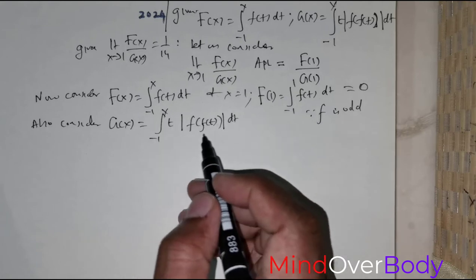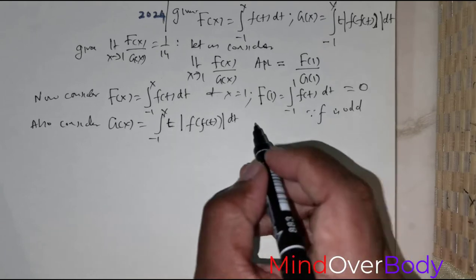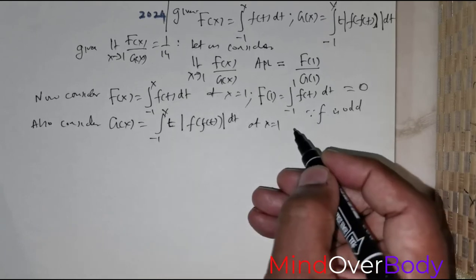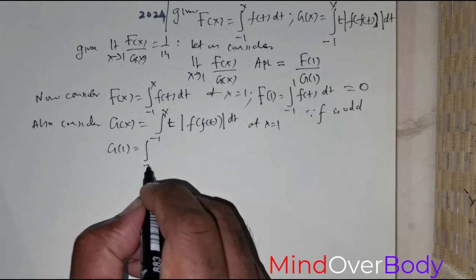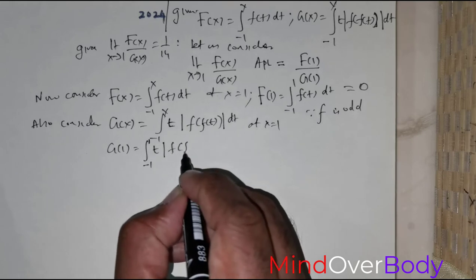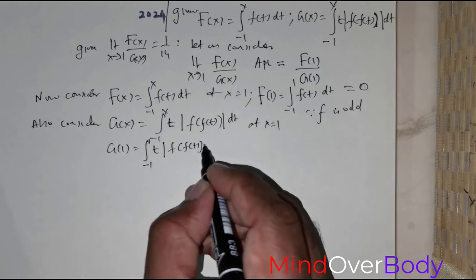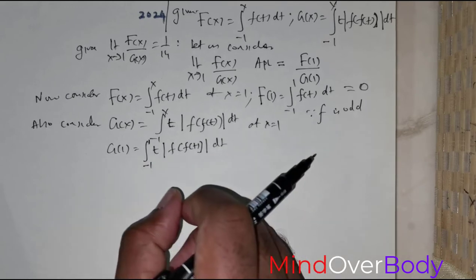So we don't have to consider this. So we just have a t here. And clearly at x is equal to 1, this is going to be g of 1 is equal to integral negative 1 to 1 t modulus f of t times dt. This is what we've got.